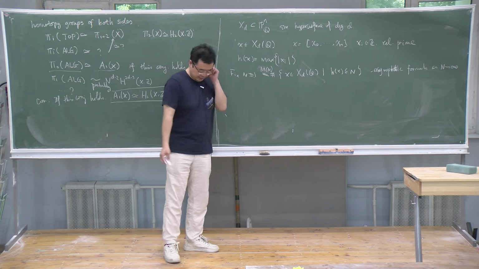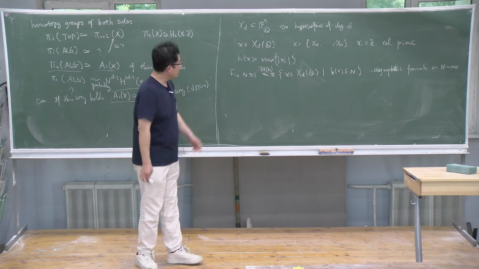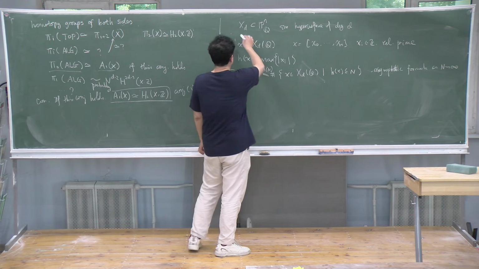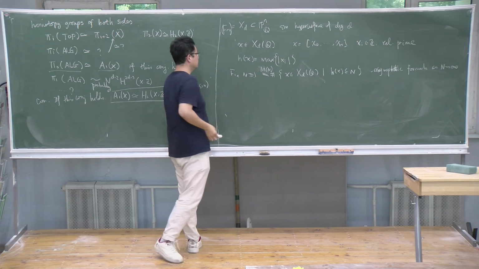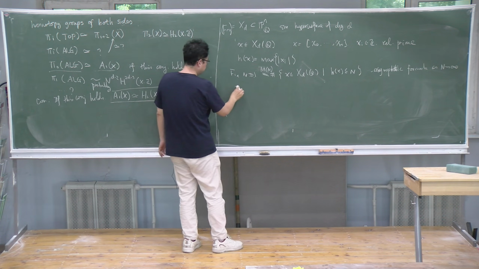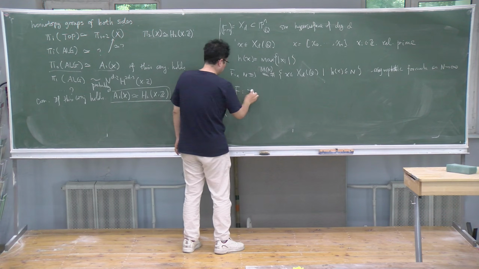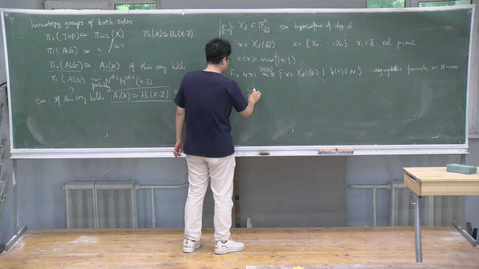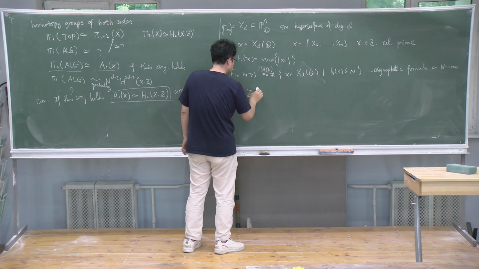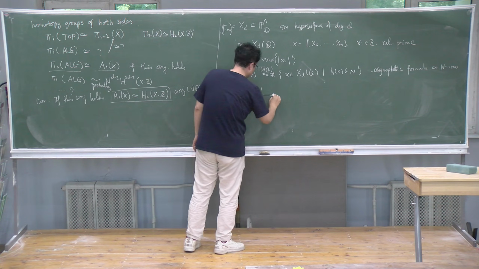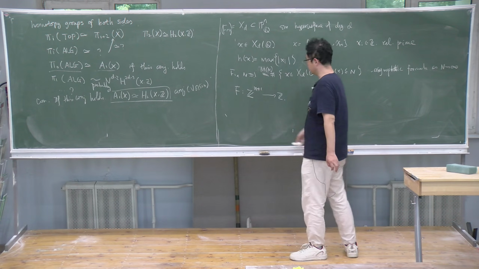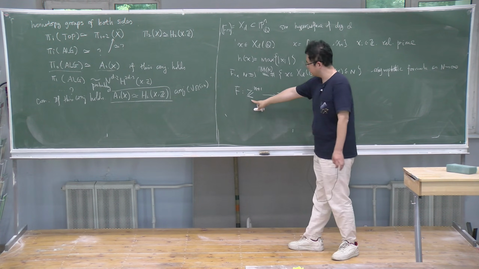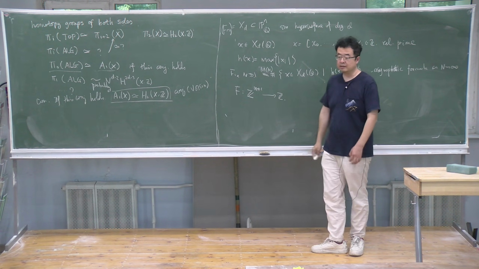So how do I understand this problem? Well, X is defined by f equals 0. So I think of this f as a function from Z^(n+1) to Z. Here you just plug in the numbers and you get a function on this.